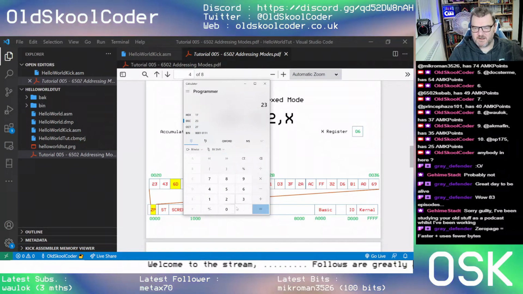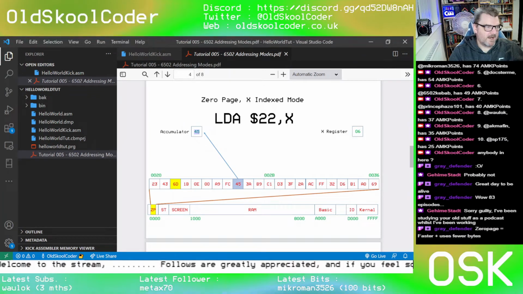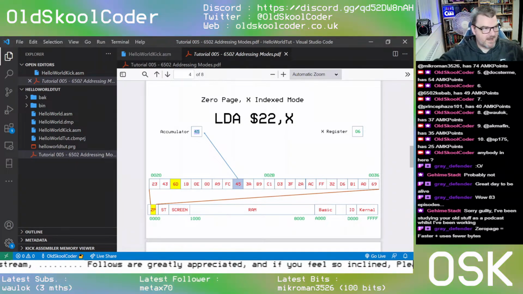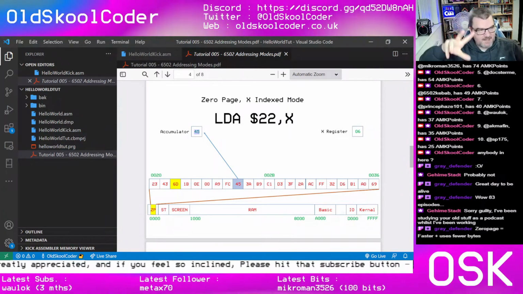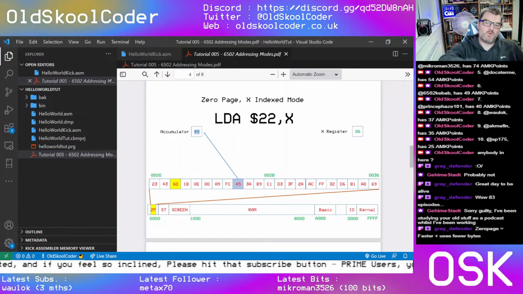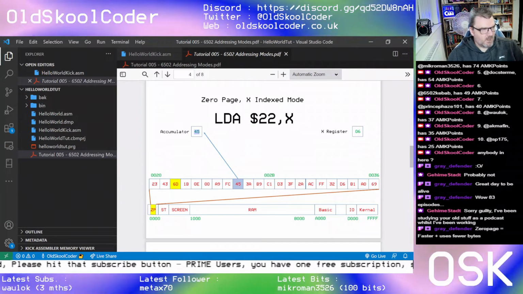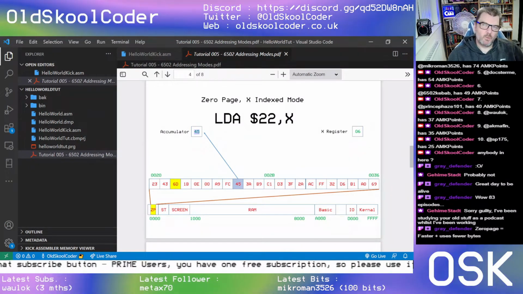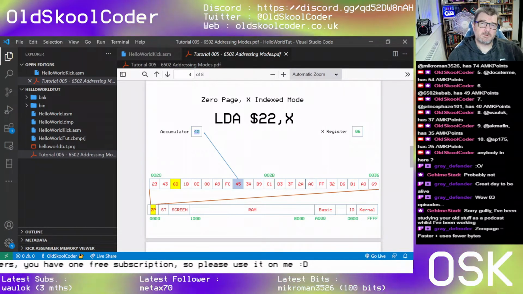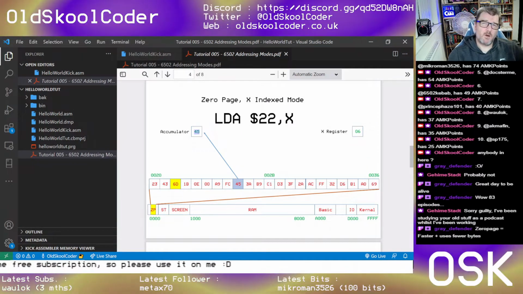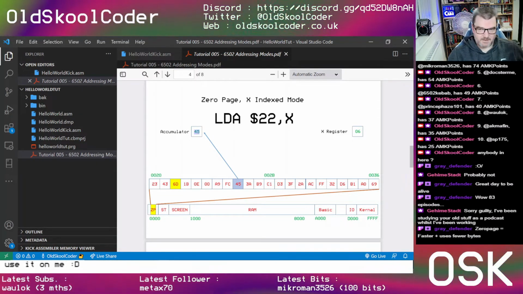Right, 230 is E6. So if we made the X register E6, it would wrap round. And so it would load a memory location of, be 8 or something like that. So keep that in mind.